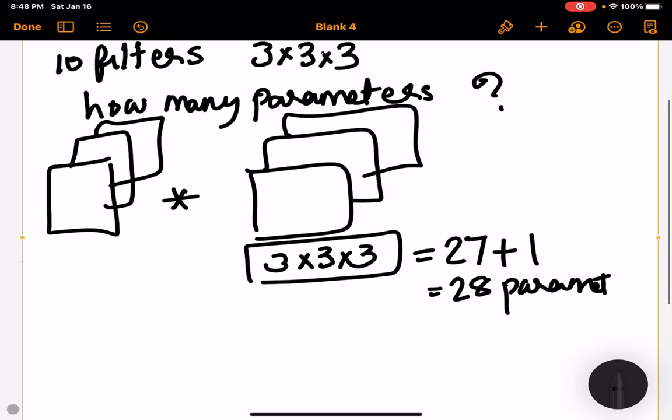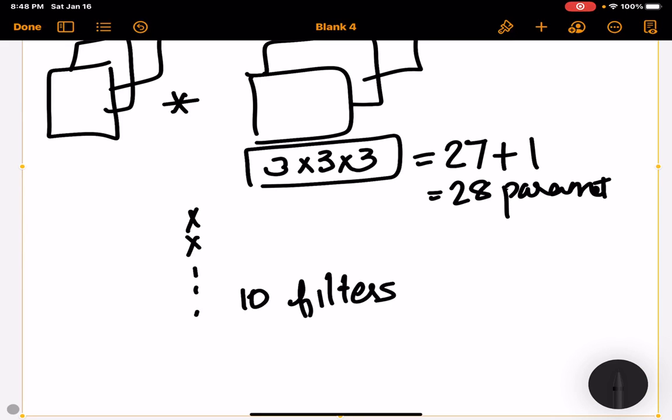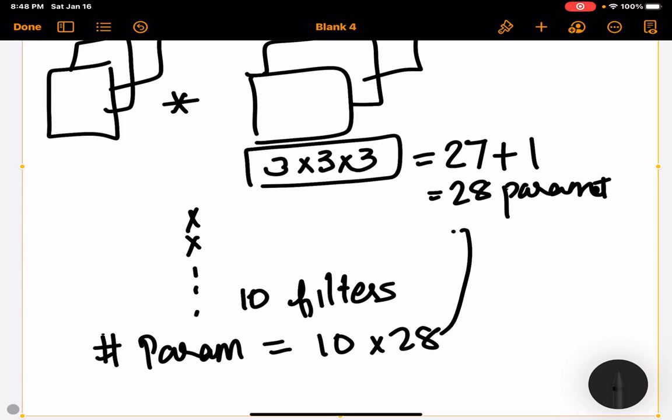Now suppose that I have 10 such filters. In that case, the number of parameters would be equal to 10 into 28, which is equal to 280 parameters.